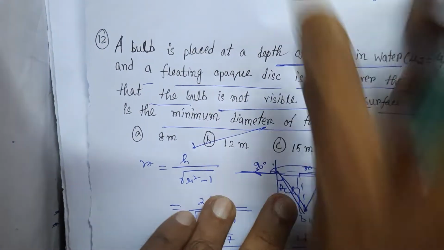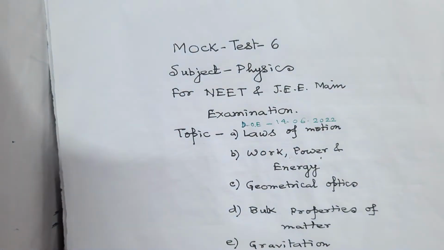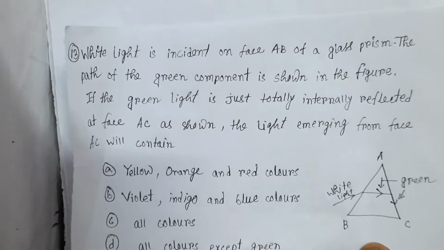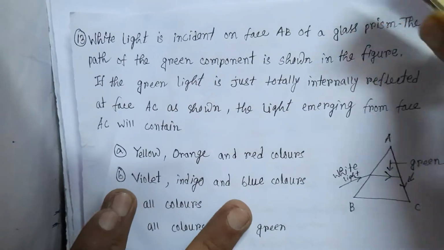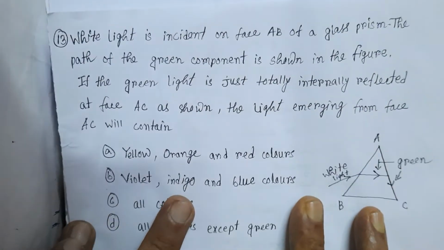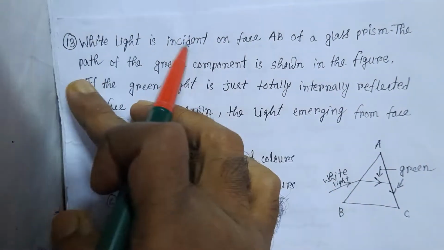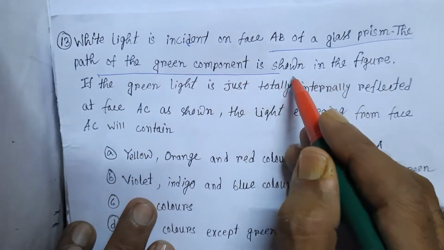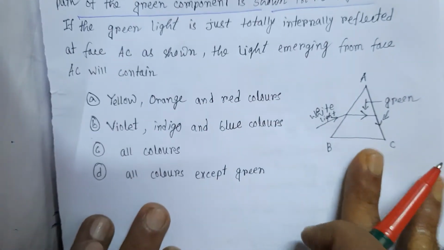Now let us take question number 13. It is a question from prism. White light is incident on face AB of a glass prism. The path of the green component is shown in the figure.